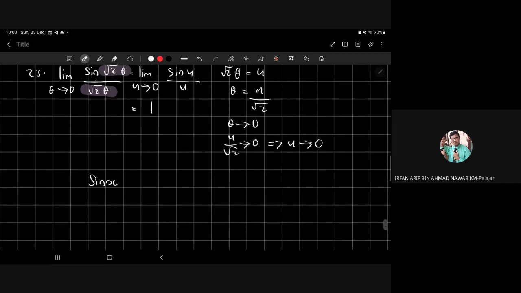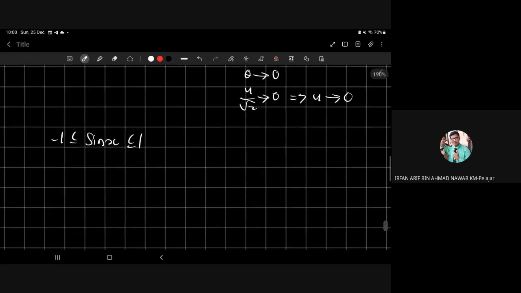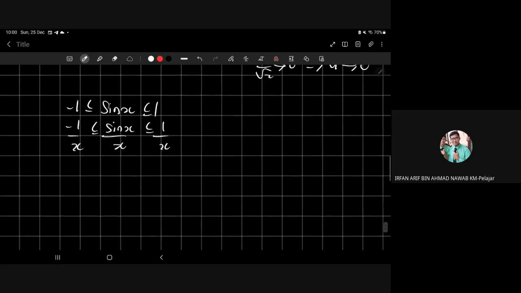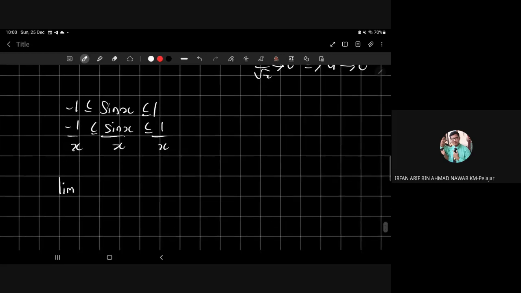Sine x is between -1 and 1. We know that -1 over x is less than sine of x over x, which is less than 1 over x. So from here we know the limit as x approaches 0 for -1 over x... It's not infinity, is it?